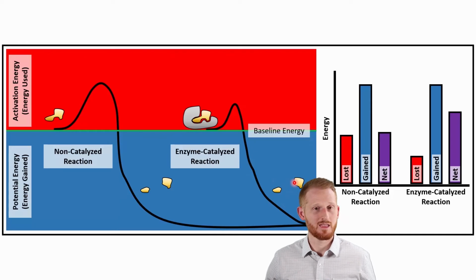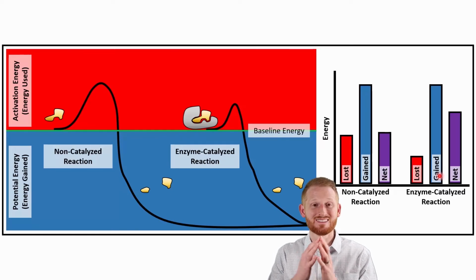And so if you were to look at all this, we have our lost energy, which is our sort of activation investment energy. Our lost energy is much larger without the enzyme than it is with the enzyme. The amount of energy gained from breaking down the molecule is the same, so we have the same amount of gained energy. However, the gained energy is not what necessarily is important, it's the net energy.